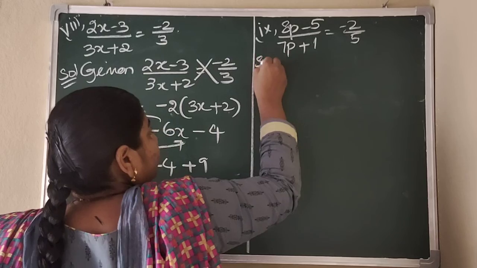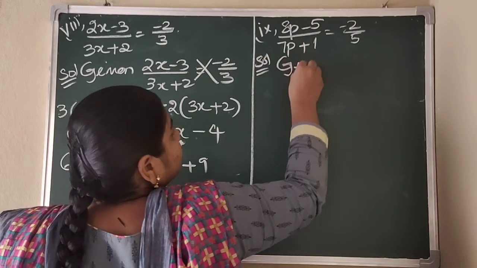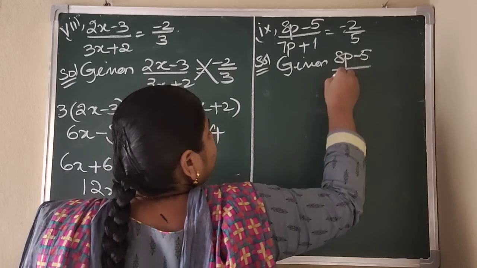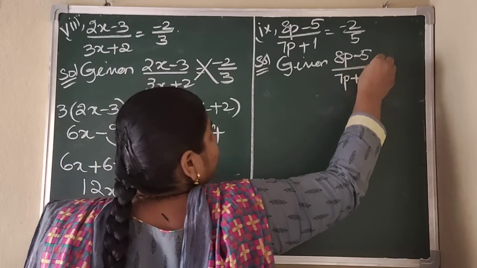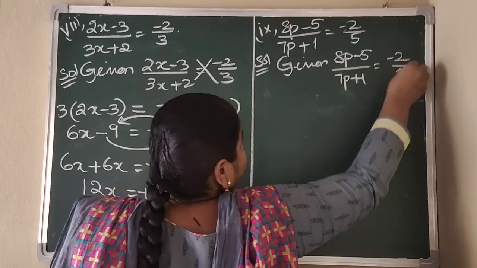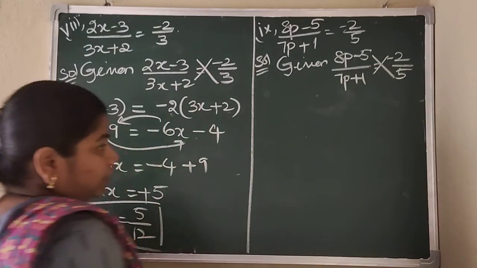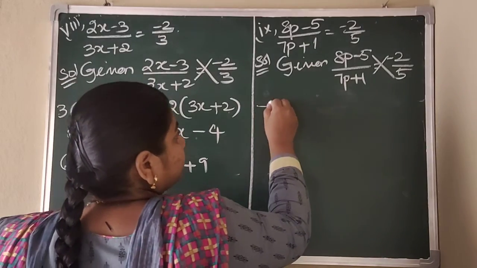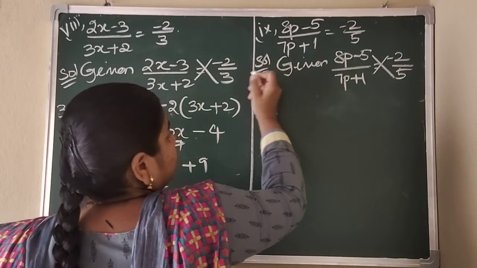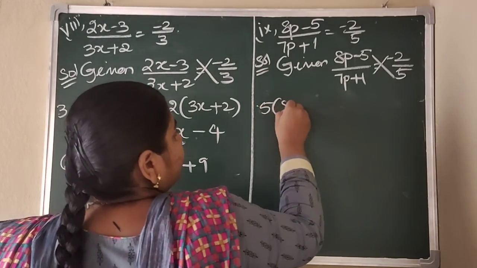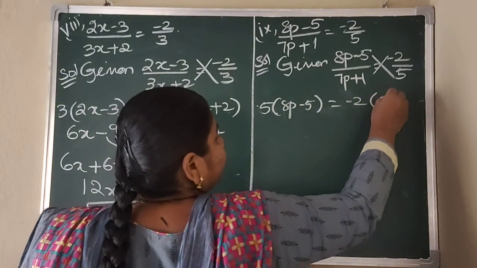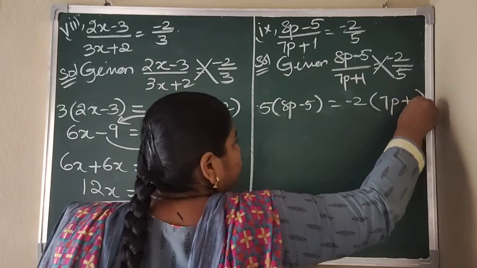This also we have to do by cross multiplication. Given (8p minus 5) by (7p plus 1) is equal to minus 2 by 5. If you do cross multiplication, it will be 5 into (8p minus 5) is equal to minus 2 into (7p plus 1).